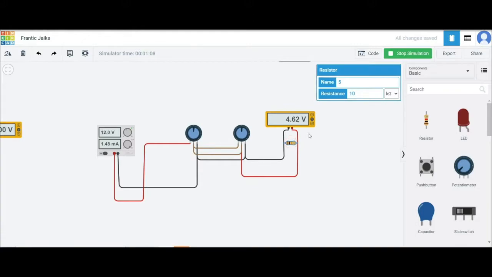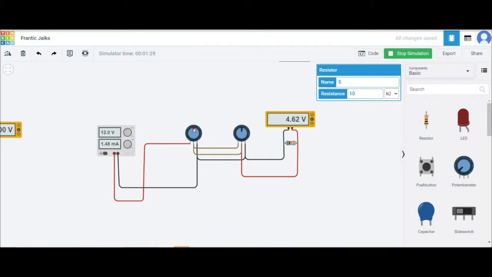For this question, we are asked to turn the knob of the second potentiometer to the middle.